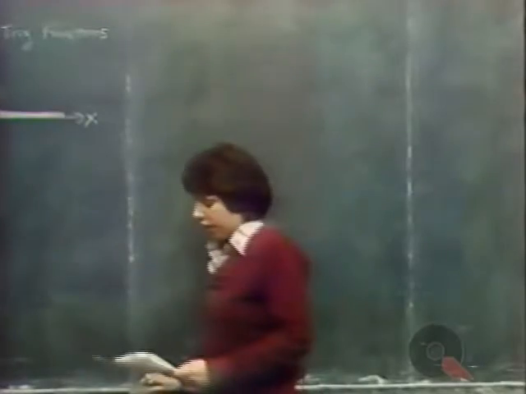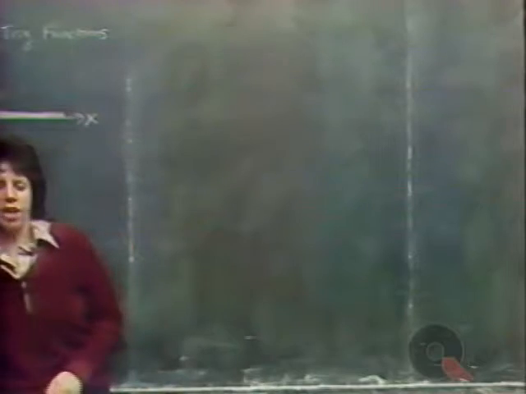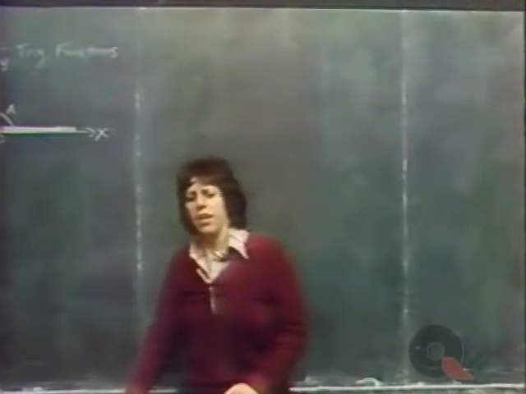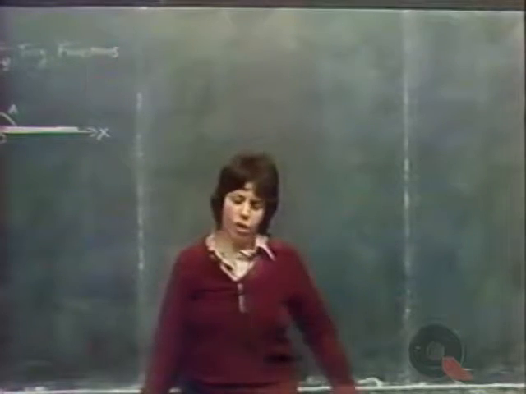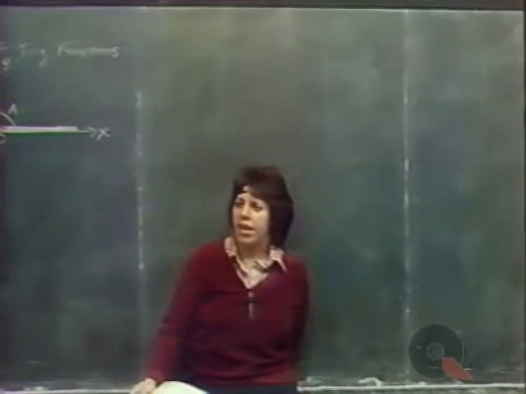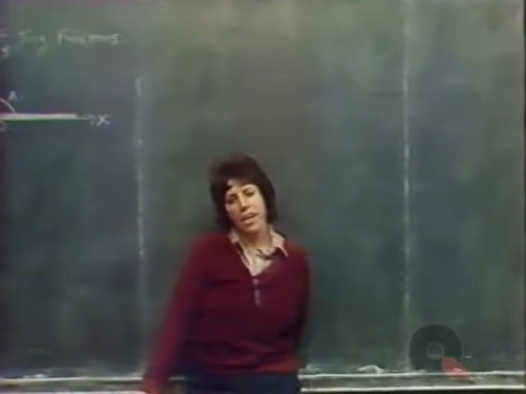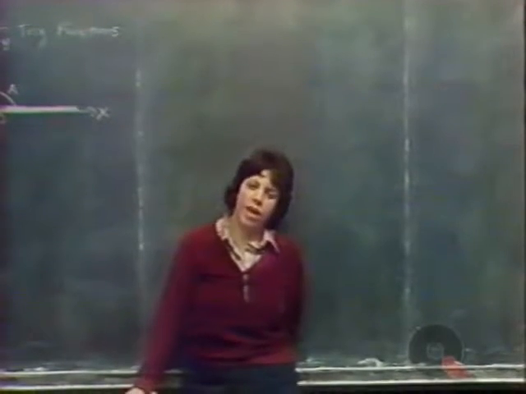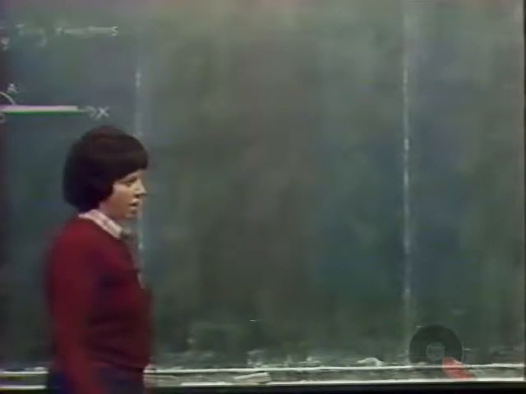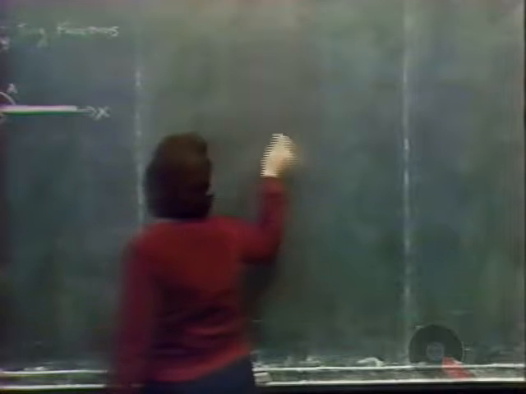All right. I would now like to consider the relationships between the angle A and the angle minus A. In the first videotape on trigonometry, we discussed that a positive angle is one that is generated by a counterclockwise rotation, and a negative angle is one that is generated by a clockwise rotation. The angles A and minus A might look something like this.